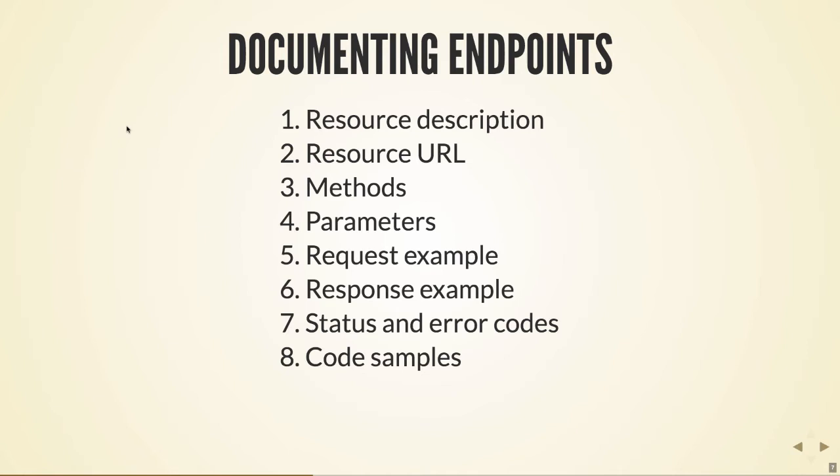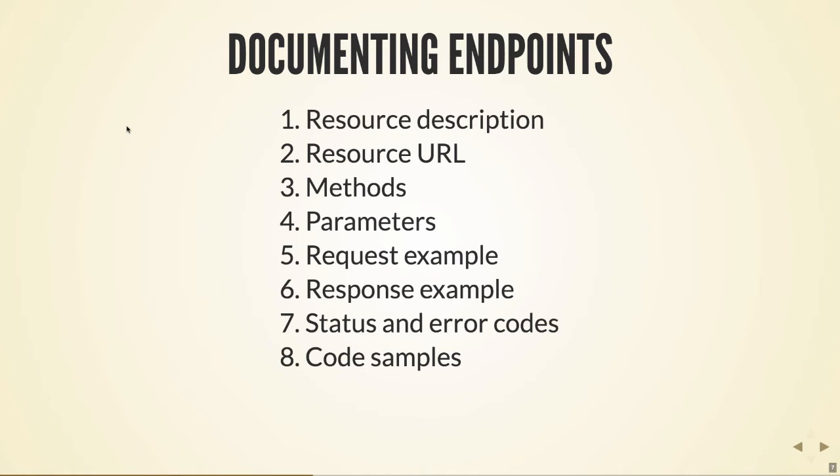There are typically about 8 different parts of endpoint reference documentation. Even though API sites differ drastically from site to site, I guarantee you almost every one of them has most of these elements. Sometimes they don't show the code examples, but they have code examples somewhere.